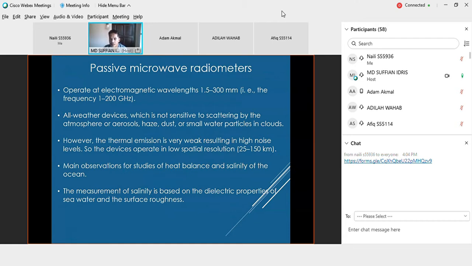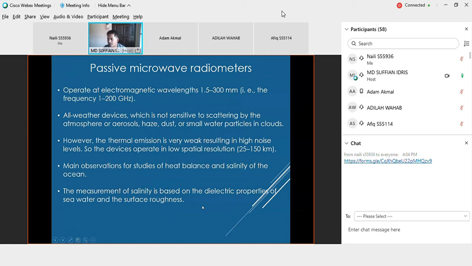It's a passive microwave. The advantage of passive microwave. Tetapi disadvantage dia adalah low resolution. And the main observation for studies of heat balance and salinity of the ocean. The main observation untuk microwave selalunya adalah untuk salinity dan juga the heat budget ataupun heat balance of the ocean.